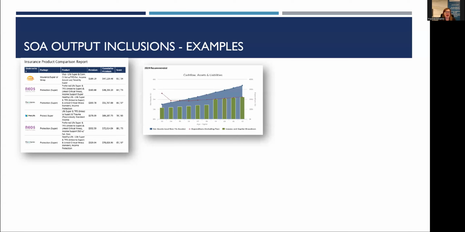Xtools Plus outputs and graphs and things like that are really powerful to show the client over time. This one is a bit of a complex graph, and you do probably have to explain it to the client. It's not as easy to read because it has a left hand and a right hand axis. Your net assets are running from 1 million up to 4 million.